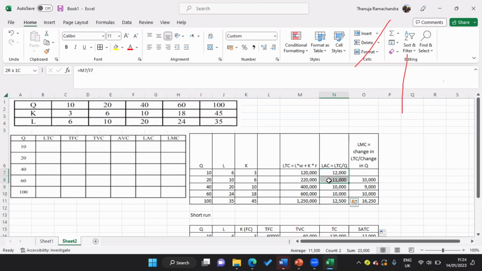Here the cost is reducing, and then here the cost is increasing. So this is decreasing returns to scale, this is constant returns to scale, and this is increasing returns to scale, right? And you can see LMC is intersecting this second 10,000, that is at 60, right?